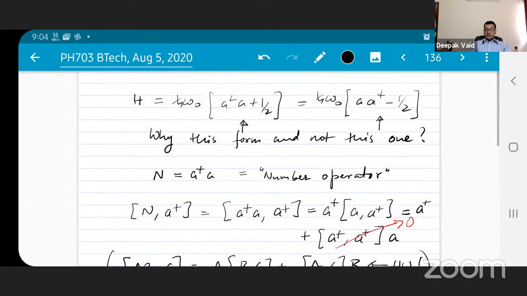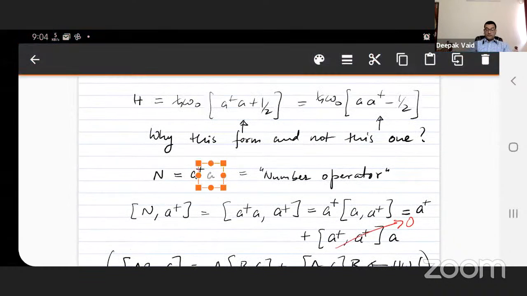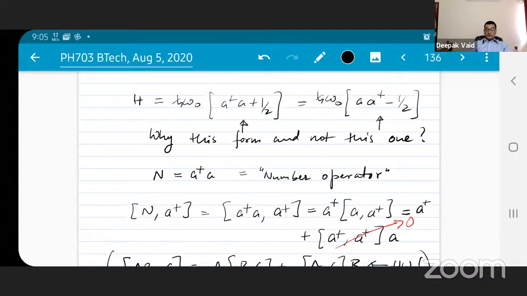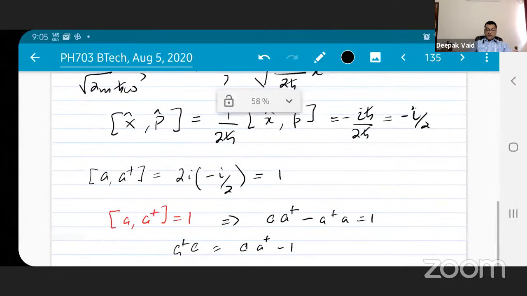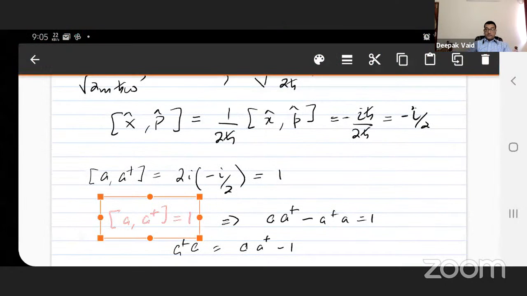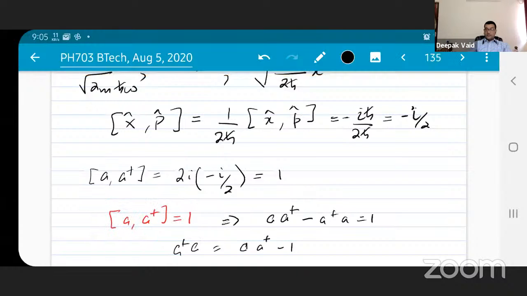But you can see that whenever you have an operator A and its Hermitian adjoint, such that these two have this commutator, again, that does not need to be the case, right? An operator and its Hermitian adjoint need not have this commutator 1. It can be something else. It can be 0. It can be some function.